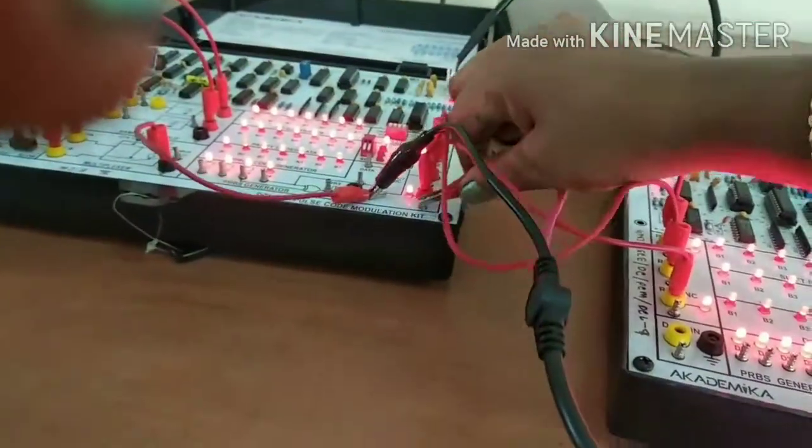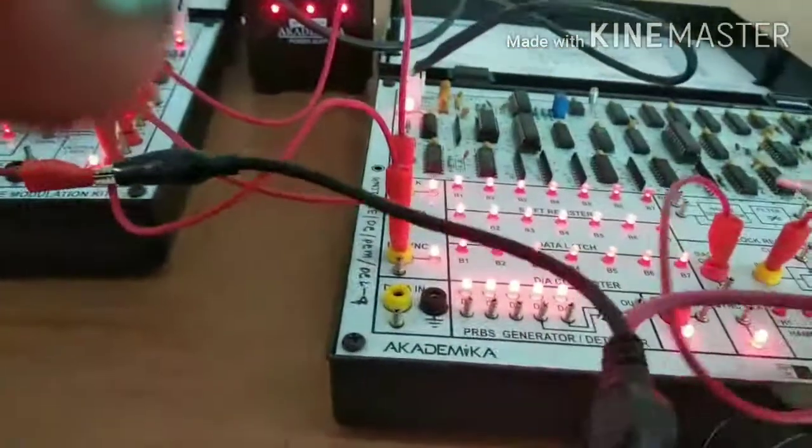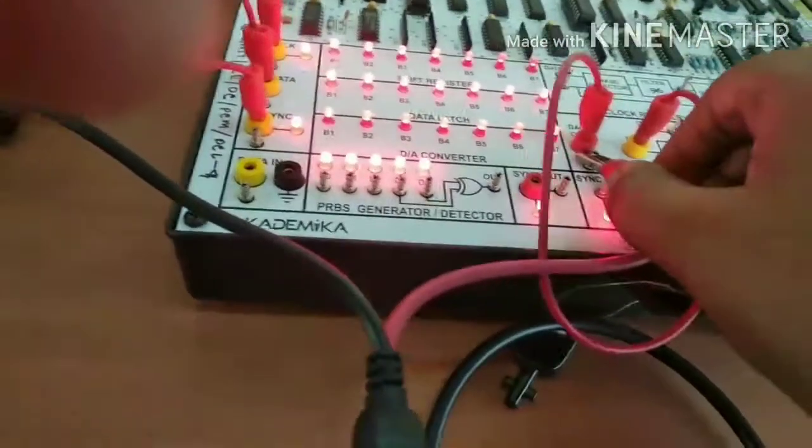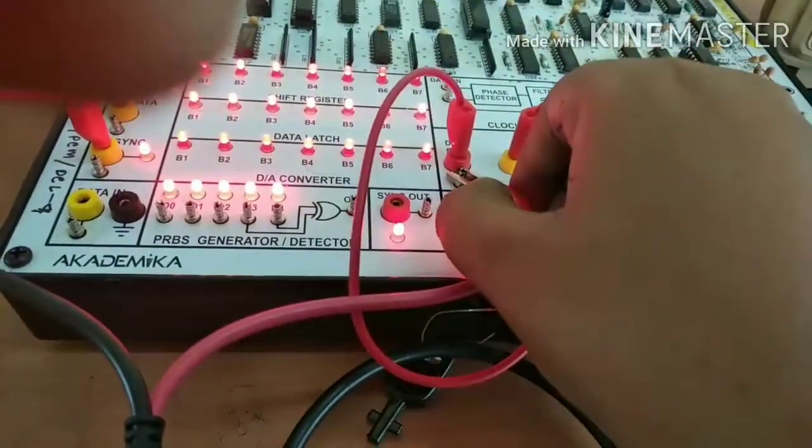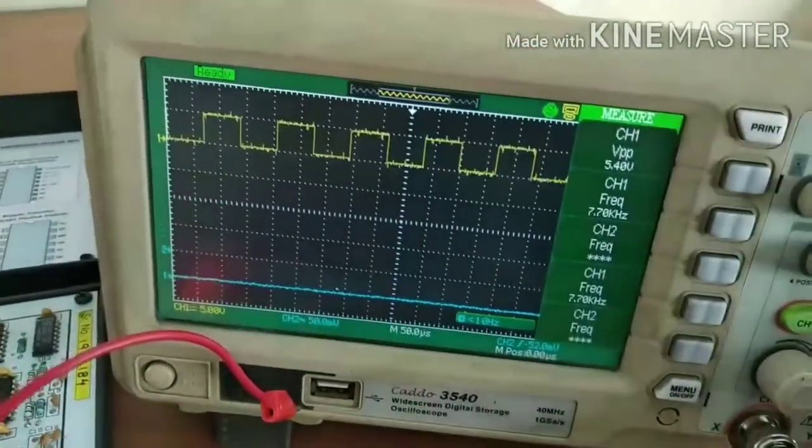Next we need to measure the DAX signal. We connect the probe here and watch it in the DSO.